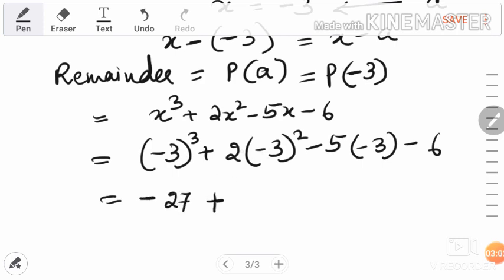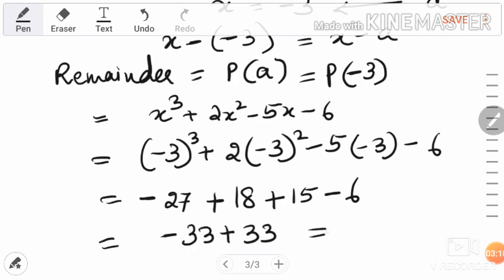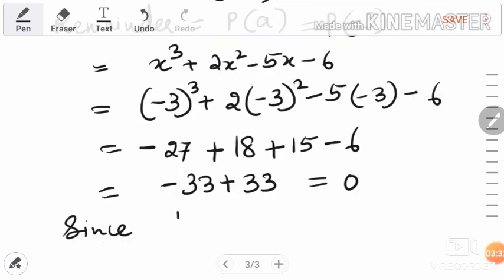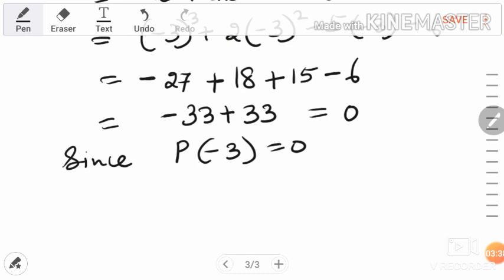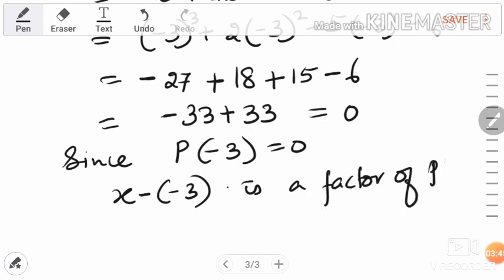Here you will get a plus 18 plus 15 minus 6. On adding these numbers, you'll get minus 33 plus 33 equal to 0. Since p of minus 3 is equal to 0, x minus minus 3 is a factor of p of x. So x plus 3 is a factor of p of x.